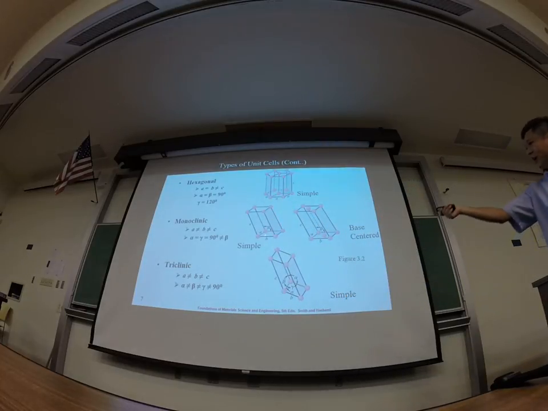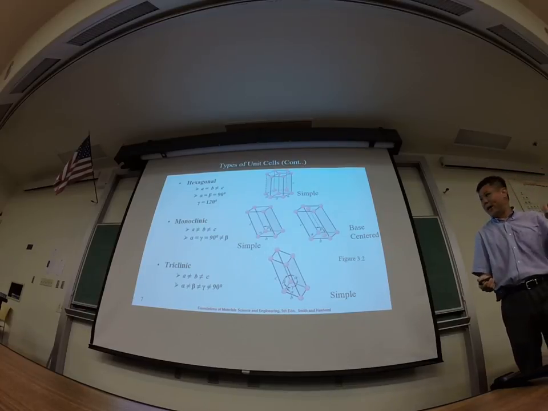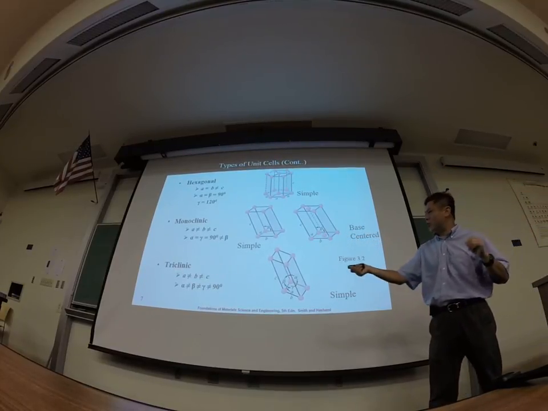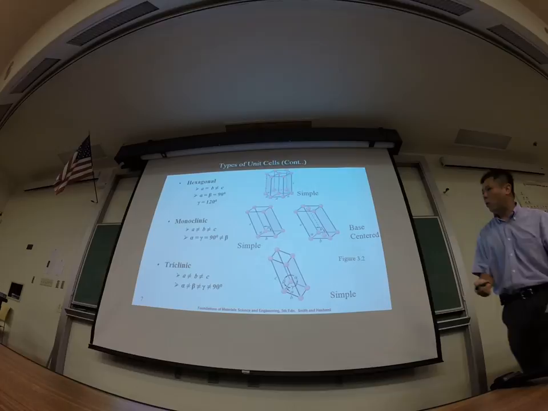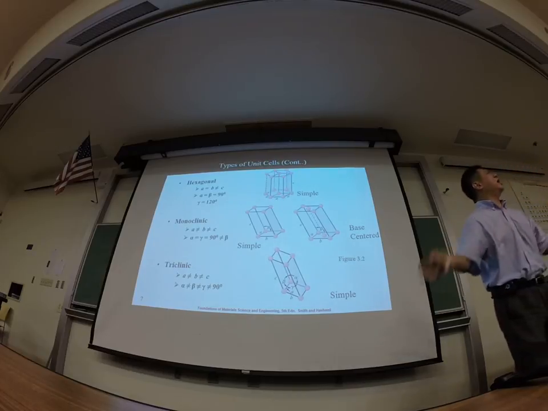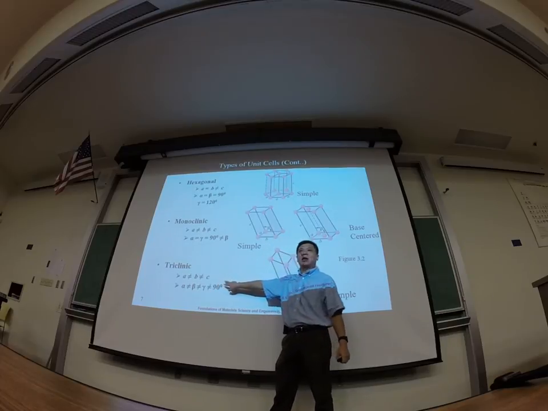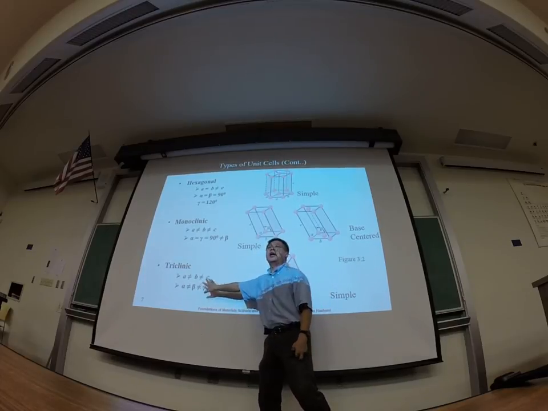So in this case, in the monoclinic one, you can actually occupy the space by using two different types. One is a simple one, one is a base-centered one. Okay, and finally, another very special case is called the triclinic one. So all the parameters are not equal to each other. So all the three basic lengths and all the three different angles not equal to each other.